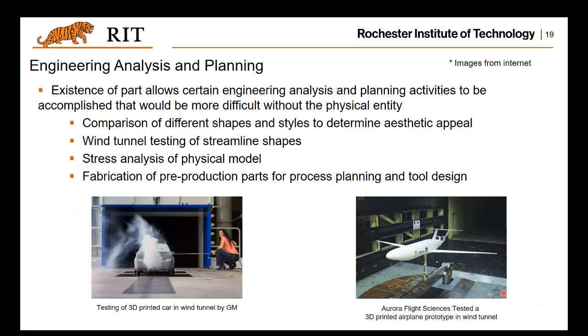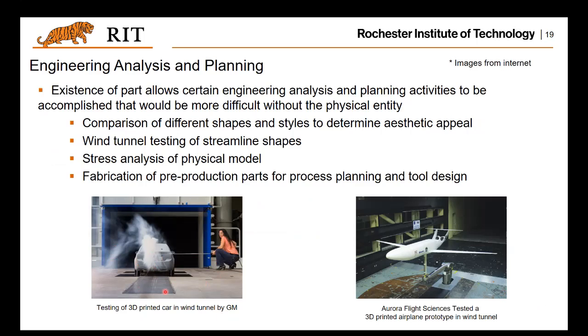right? Also, another useful benefit for additive manufactured parts is you could do engineering analysis and planning. For many such analyses and planning, you just need to have a physical object. For example, this kind of wind tunnel test, right, conducted using the 3D printed car.